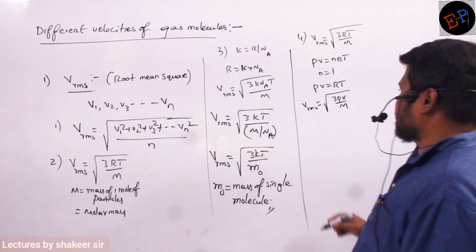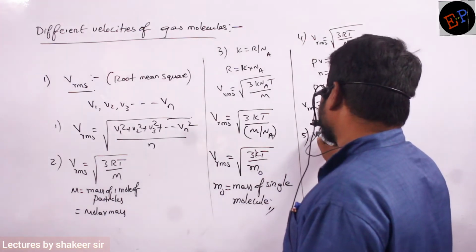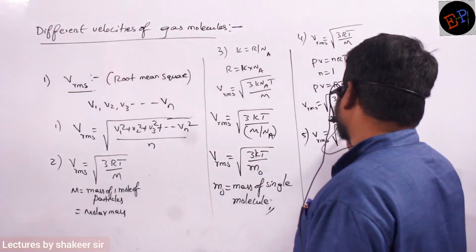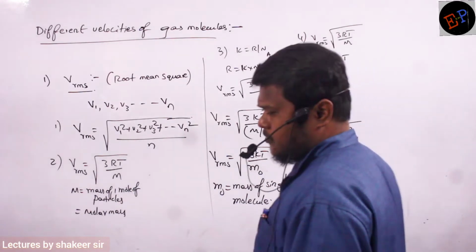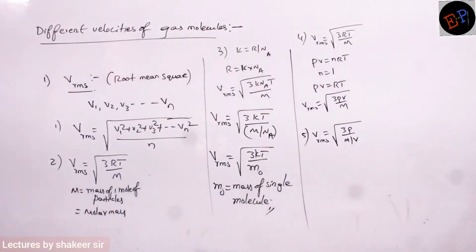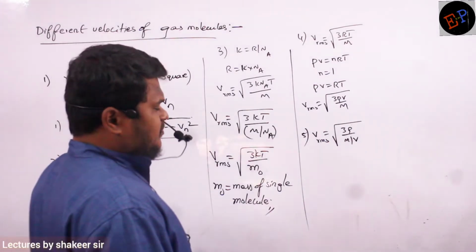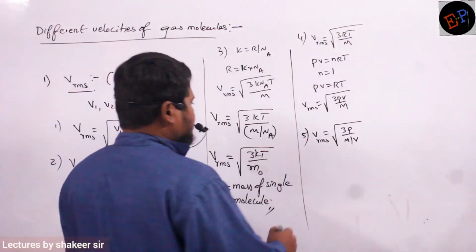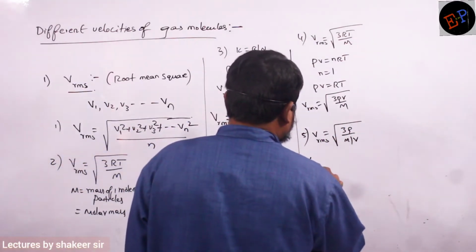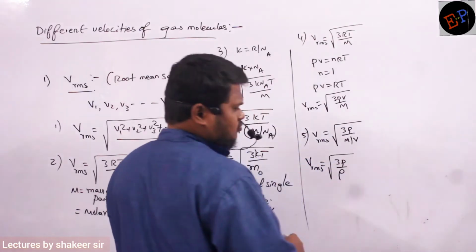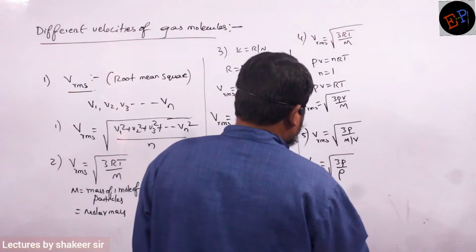Are you able to understand? From this fourth equation I can write a fifth equation. Vrms is equal to the square root of 3P divided by mass by volume. Volume is in the numerator of the denominator, which becomes the numerator. Mass by volume is called the density of the gas. Therefore Vrms is equal to the square root of 3P divided by rho, where rho is called the density of the gas.